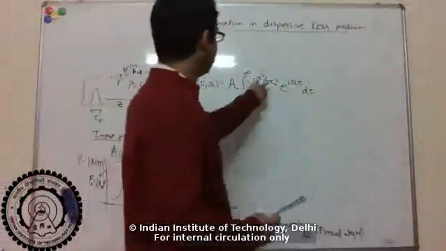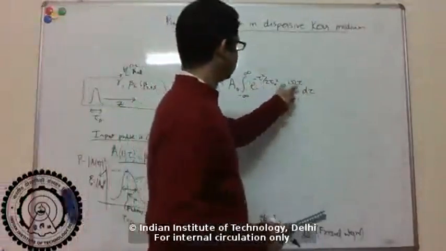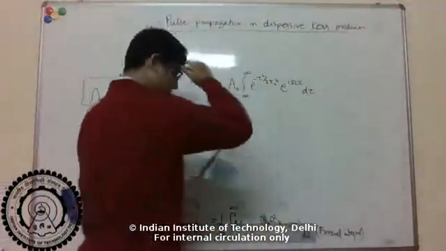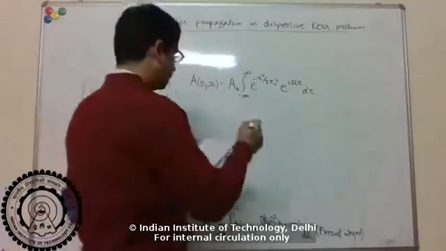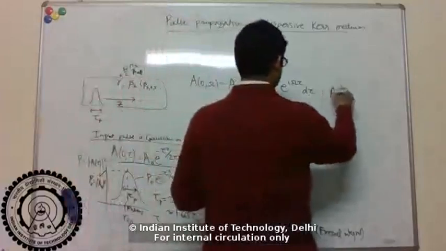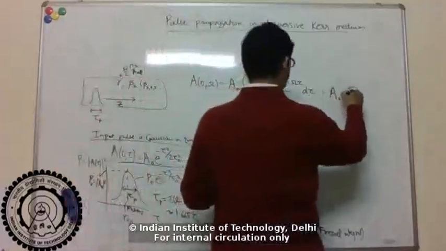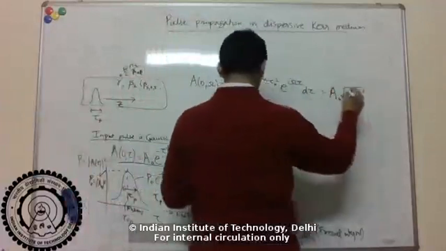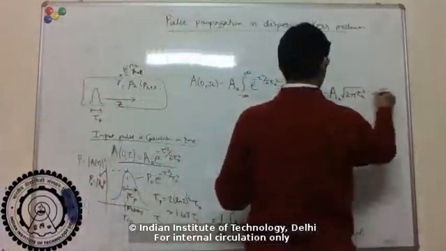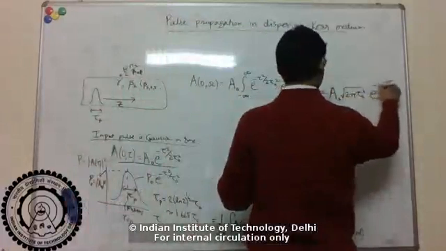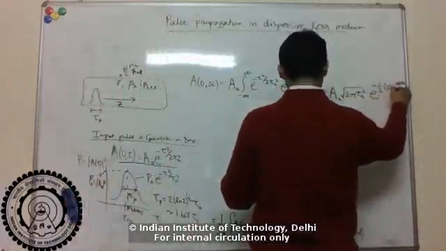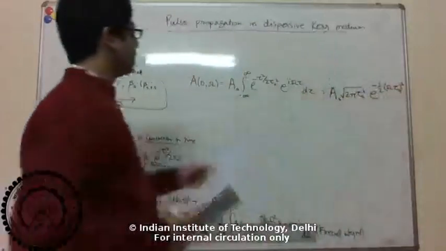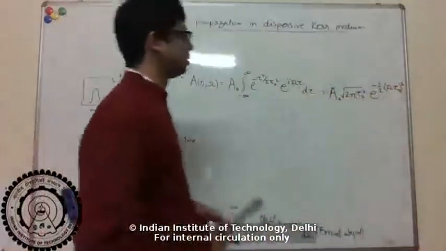It's basically like an integral of a Gaussian function, right? Except you have this extra linear term here. So the integral solution.